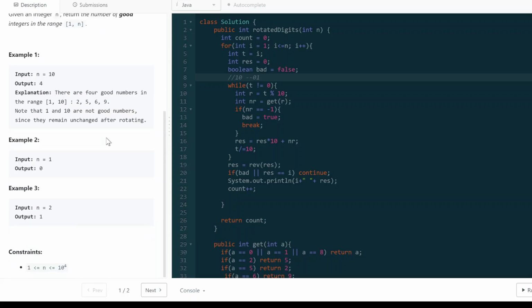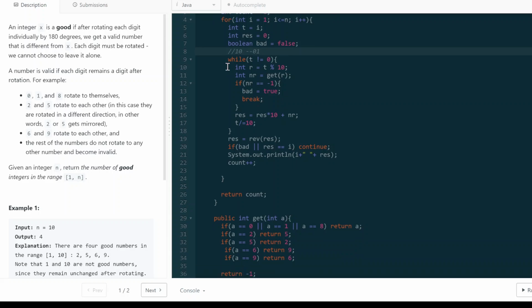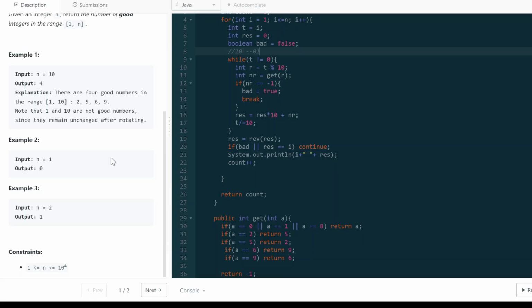No, no, no. I mean, the easiest way will be just convert to a string and check, but that will not be very efficient and I might get TLE also. Because 10 to the power 4 is like 4 digits.